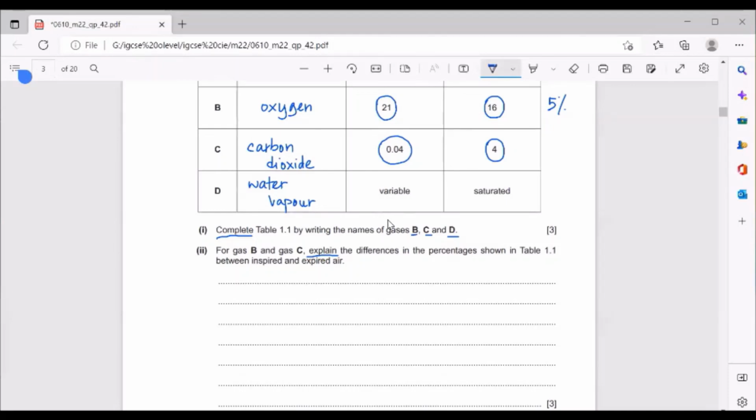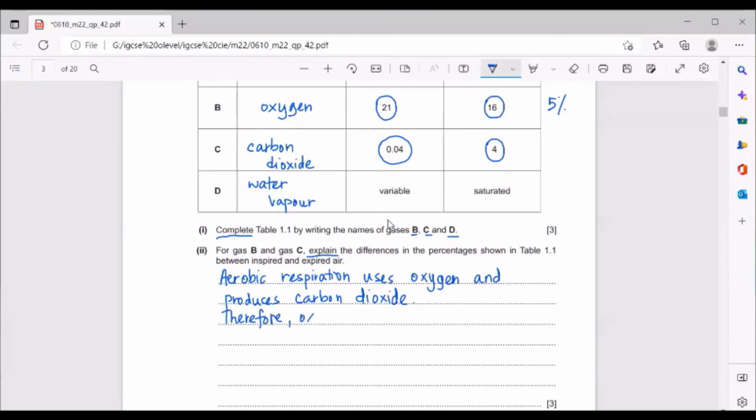So how do we write out the answer? First we say that aerobic respiration uses oxygen and produces carbon dioxide.